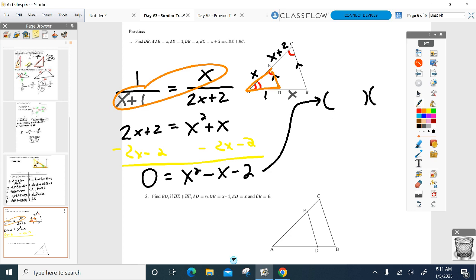All right, here you go. We spent a lot of time factoring on Tuesday. Two numbers that multiply to this and add to this. Dig deep here. There's only certain numbers that multiply to 2.